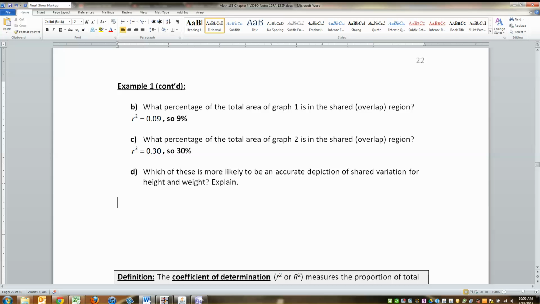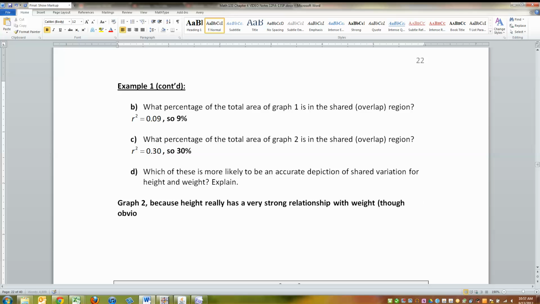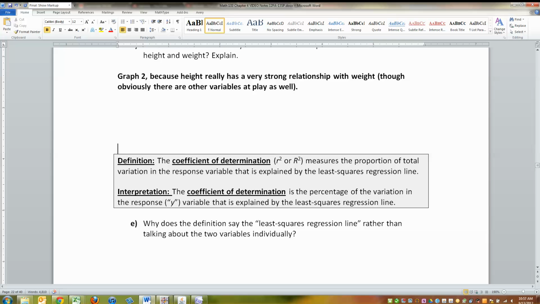So which of those is more likely to be an accurate depiction of the shared variation for height and weight? It's a judgment call, but I would say probably graph 2, because height has a very strong relationship with weight, though obviously there are other variables that play in as well, like exercise and diet and all that good stuff.